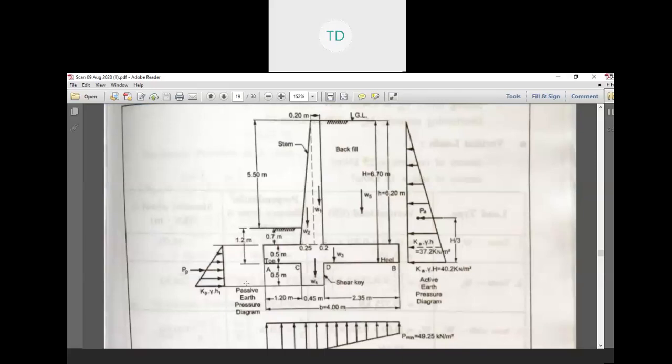Now the perpendicular distance from W1 to point A. Here is point A, and the perpendicular distance is from the center of this W1. We can easily see that this is 0.2, from the center. We know that center, that's why we take half of this 0.2. Taking 0.2 divided by 2 we get 0.1, then 0.25, and the rest 1.20.